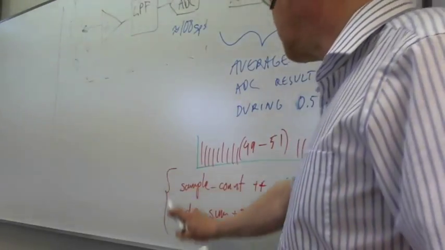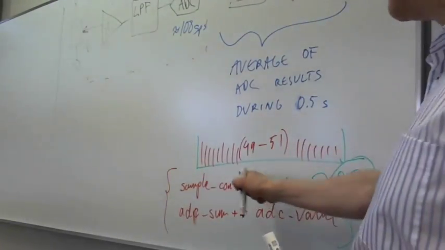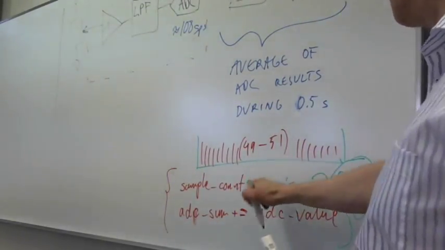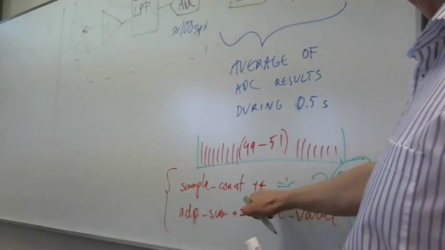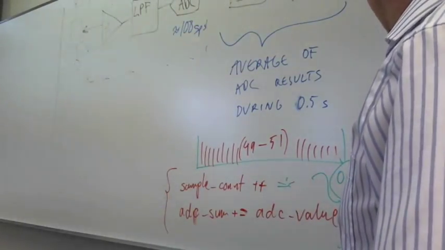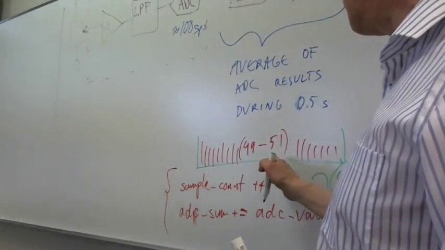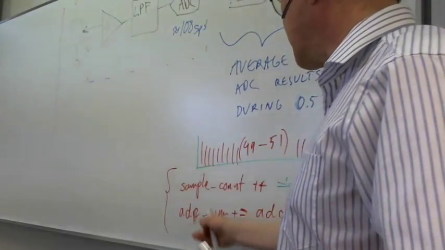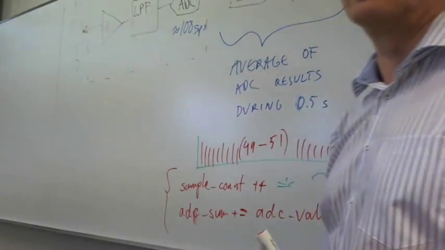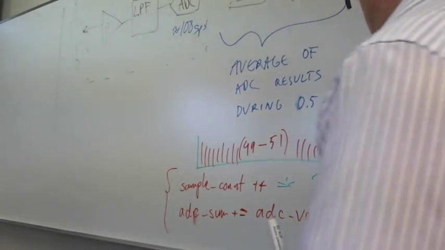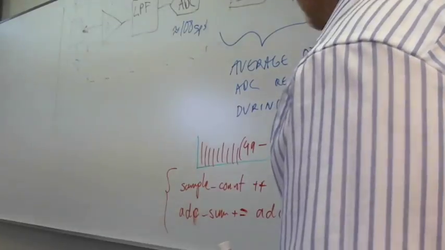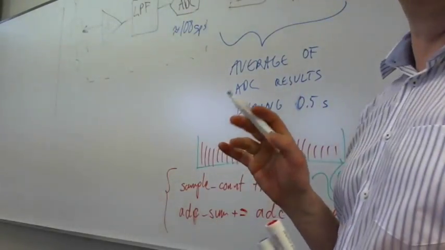Then initialize those again, so you put those to 0 again, so that when the next interrupt comes, you can start counting from scratch again. And then use the copies to do the division.